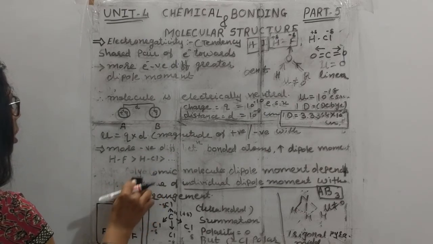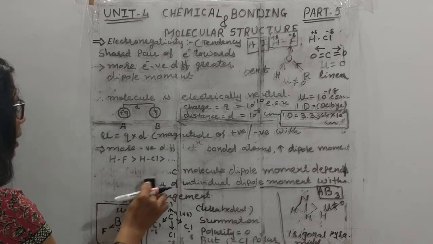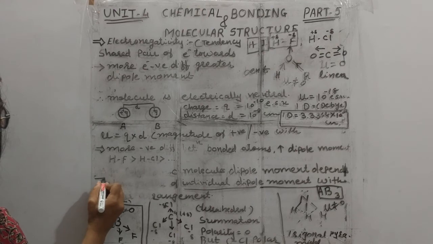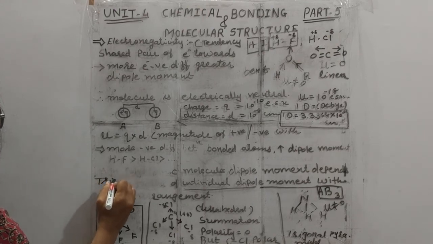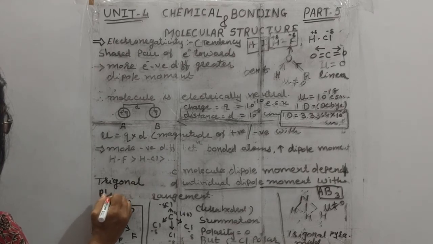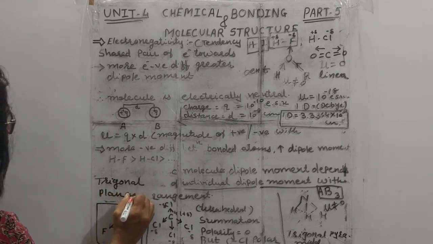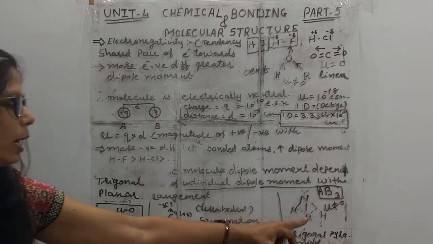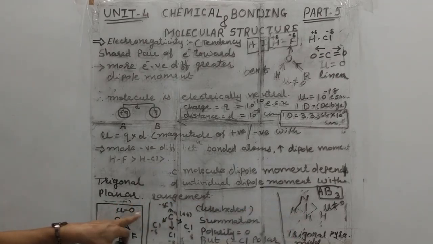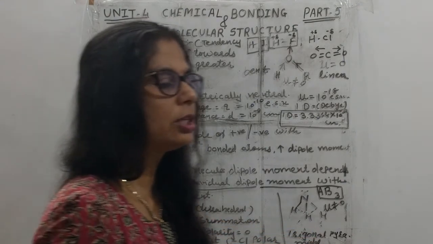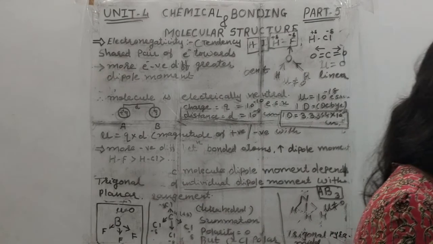So the dipole moment affects the shape also. The shape of BF3 is trigonal planar. Both are AB3 type, but the shapes are different due to the difference in the dipole moment, student. So this way you can get an idea.